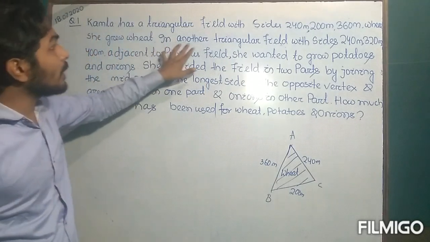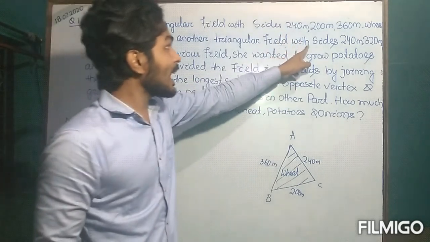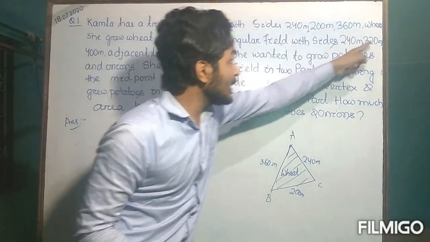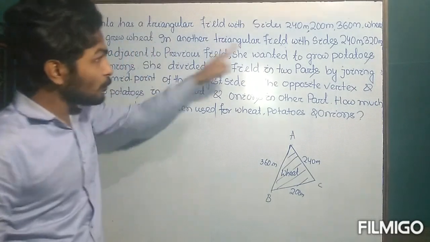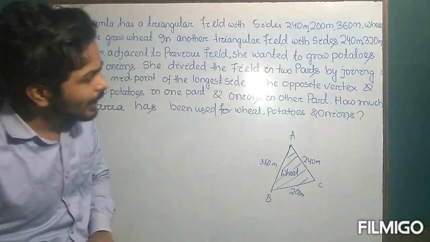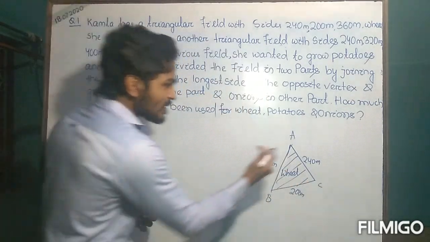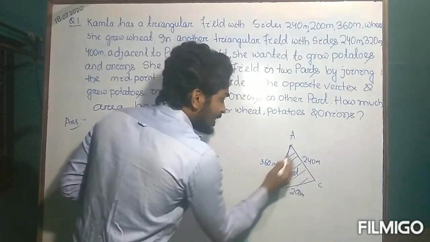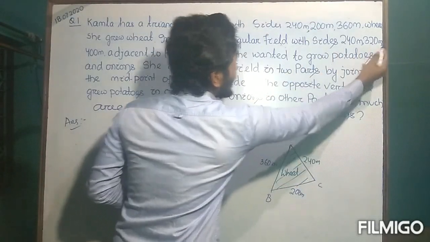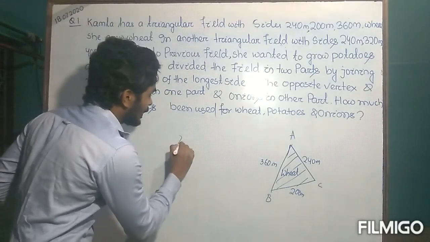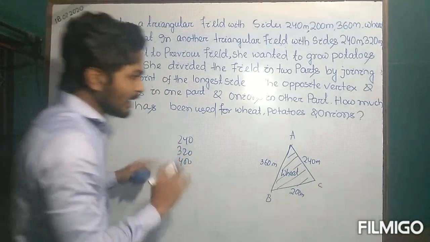Now there is another triangular field with sides 240, 320 and 400. You can see there is a 240 meter side. Just near to this field, she has another triangular field whose sides are 240, 320 and 400. Clear?